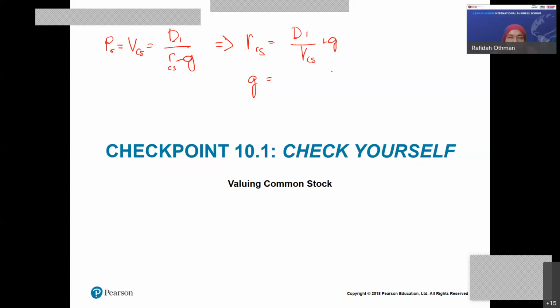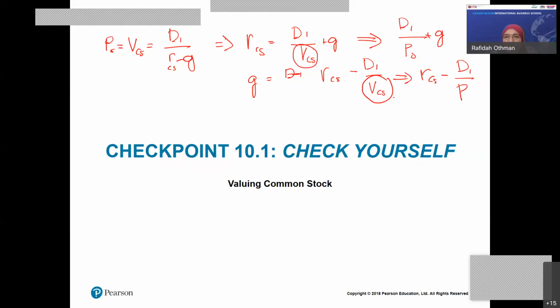Alternatively, G equals (RCS minus D1 over P0), where the P0 here can be replaced by the value of common stock. Okay, so this is mathematically.